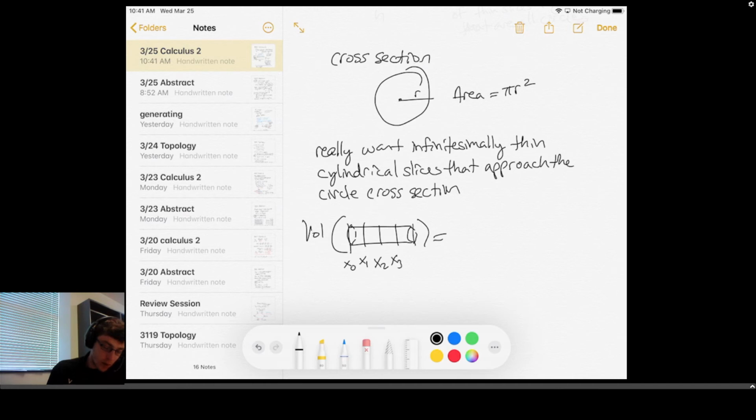It's hard for me to draw things that are much thinner, right? So I basically split it into 1, 2, 3, 4 slices. And so this would be the sum from i equals 1 to 4 of the volume of the little guys.